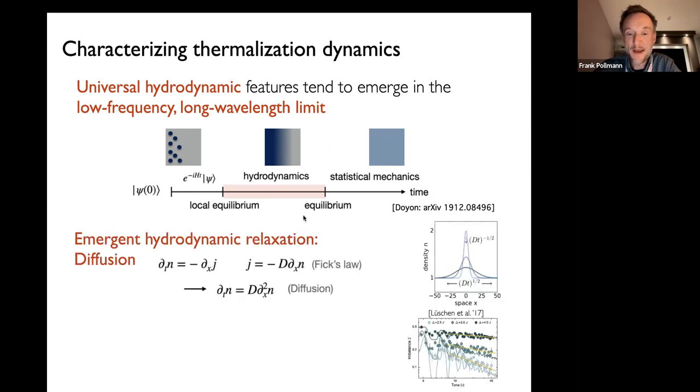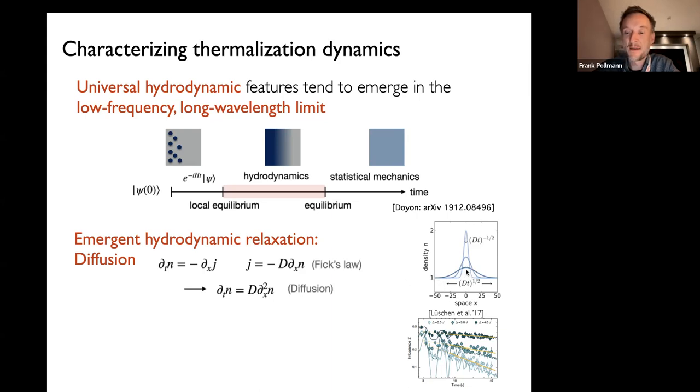For example, if we have a system with particle number conservation, the system will follow a law yielding diffusion.